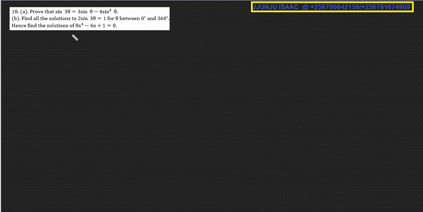Alright, so now what we are going to do is to use the compound angle formula and then the double angle identities. We shall come up with this. So let us see. Sine 3 theta is the same as sine of 2 theta plus theta.